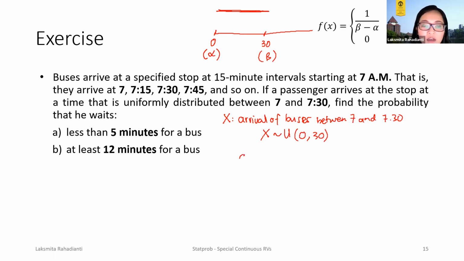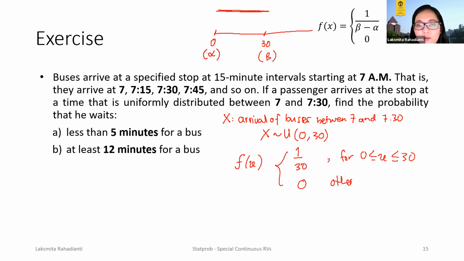And thus I can denote f(x) as 1 over 30 minus 0, which is 1/30, for 0 ≤ x ≤ 30 and 0 otherwise.